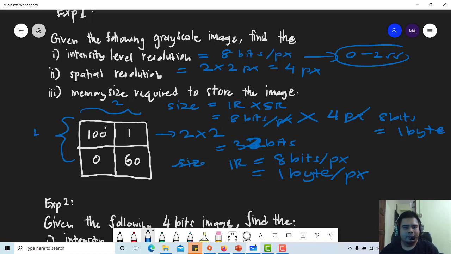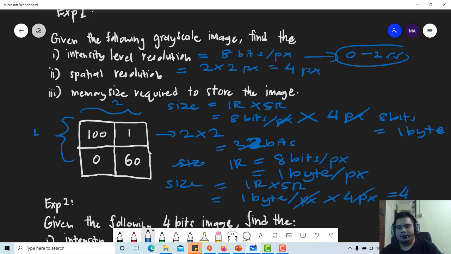The size of our image is equal to IR times SR. Using IR in bytes, it is 1 byte per pixel times 4 pixels. You cancel the pixels, and now it becomes 4 bytes.